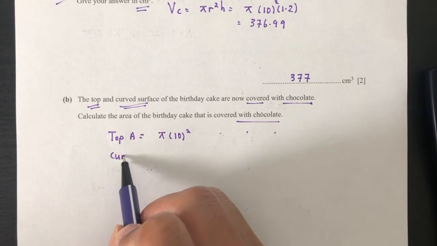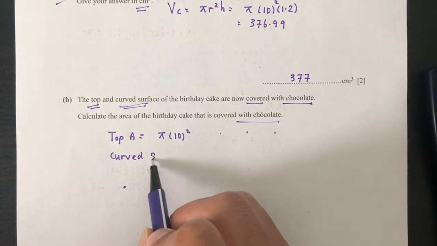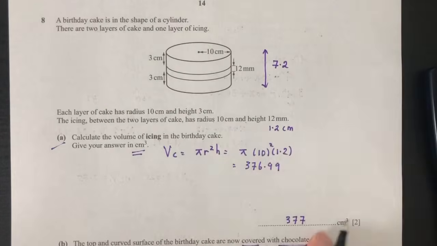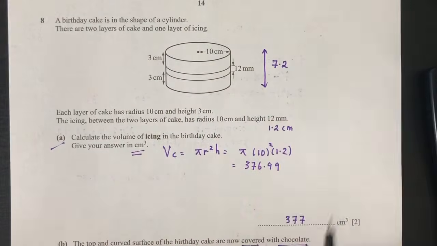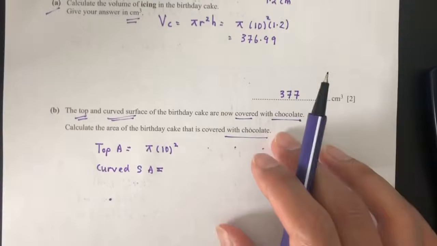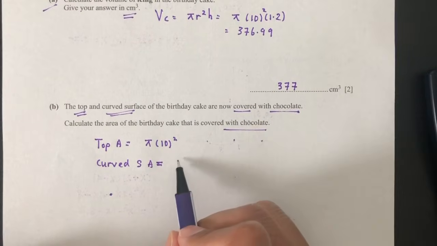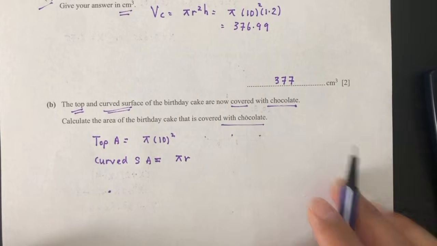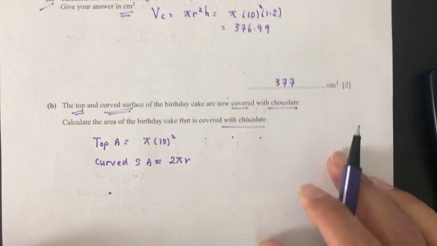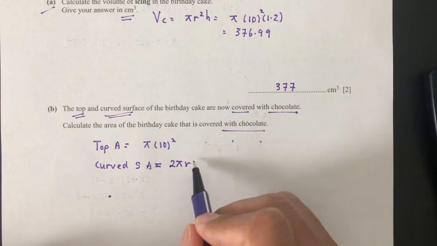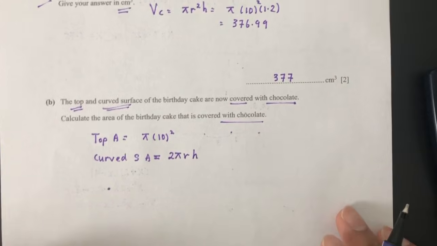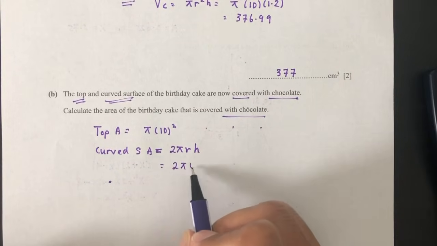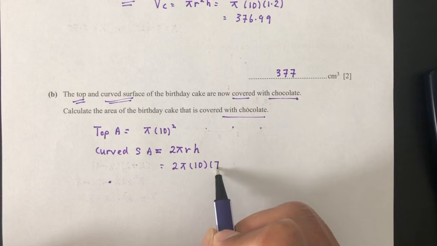Now the curved surface area will be the curved surface area of a cylinder with height 7.2. That will be 2 pi r for the circumference times h for the area of the curved surface. So let's simplify. r is 10, h is 7.2.